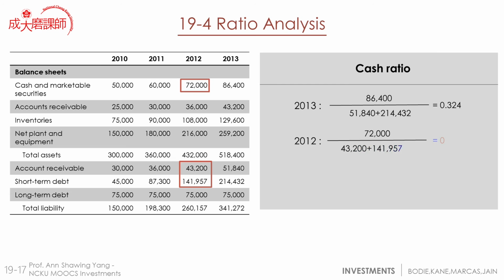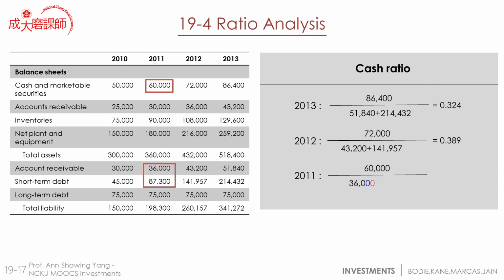In 2012, we take 72,000 divided by 43,200 plus 141,957. We have 0.389. And in 2011, we have 60,000 divided by 36,000 plus 87,300. That will be 0.487.